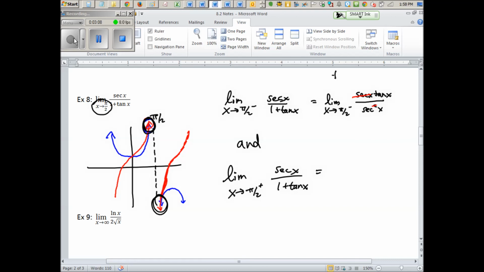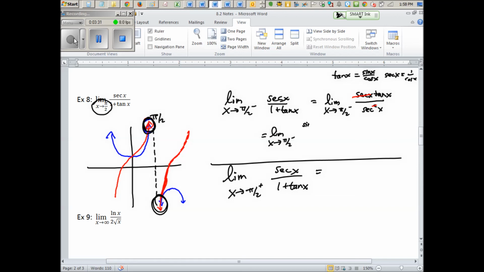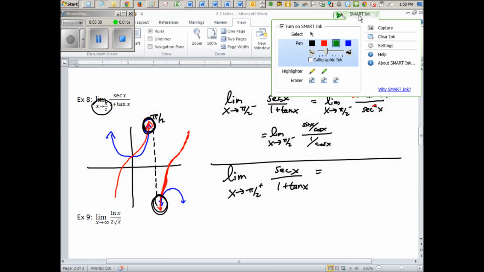Tan over secant is really just sine, because tan x is sine x over cos x, see? And secant is just 1 over cos x. So here's what you have. Let me erase this word and draw a line instead. What we have is limit as x goes to pi over 2 from the left of sine x over cos x, all over 1 over cos x, and then you can see clearly that this cancels out.